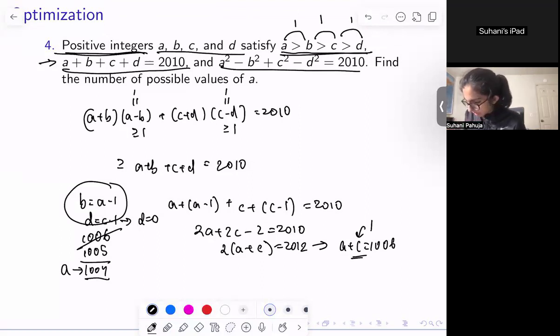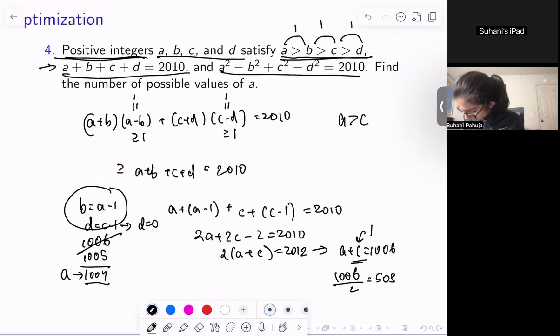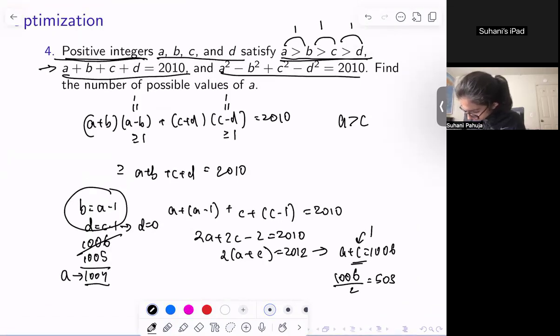Then, obviously, because a is greater than b and b is greater than c, a is greater than c. That means that if we divide 1006 by 2, we get 503. So the minimum value of a, such that a is still greater than c, is 504. And we see indeed that if a is 504, that means that b would be equal to 503, and then c would be equal to 502, and then d would be equal to 502 minus 1, which is 501.